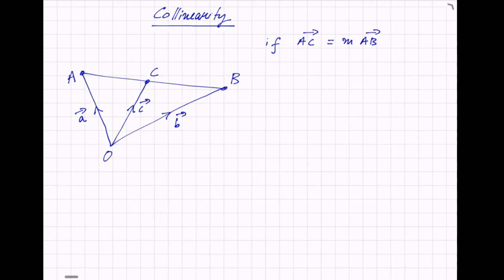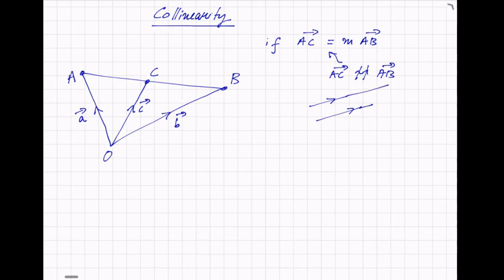This will tell you that AC vector and AB vector are parallel to each other, right? So AC is parallel to AB. But it wouldn't tell you that points A, B, C are collinear. AC can be this, AB can be this. That's what it says.